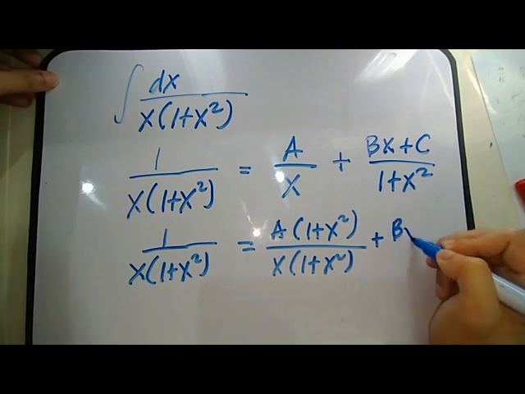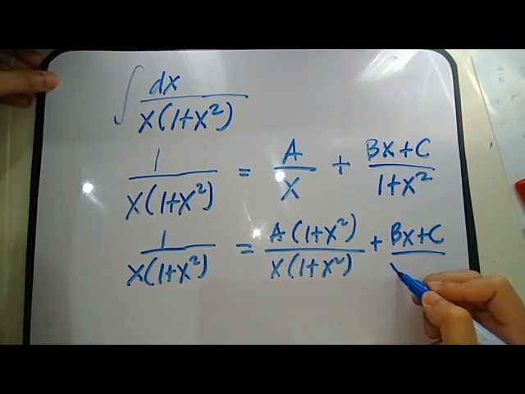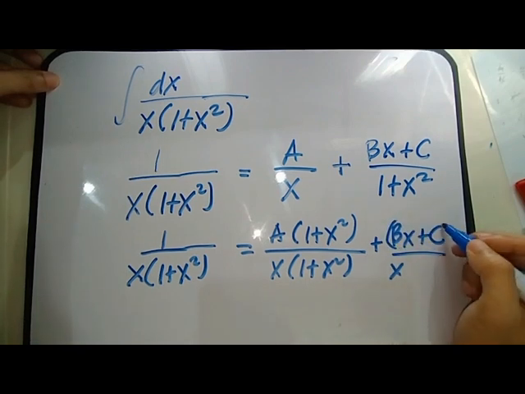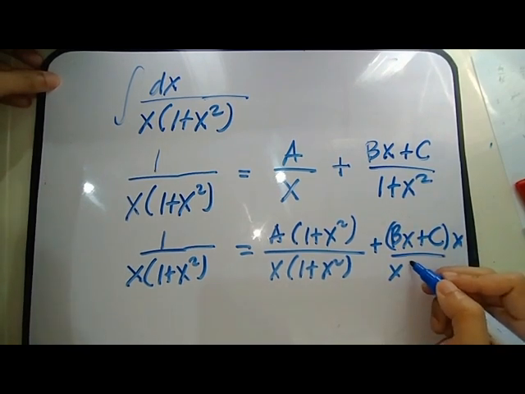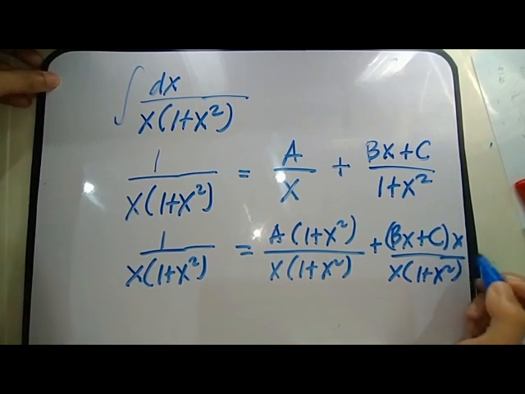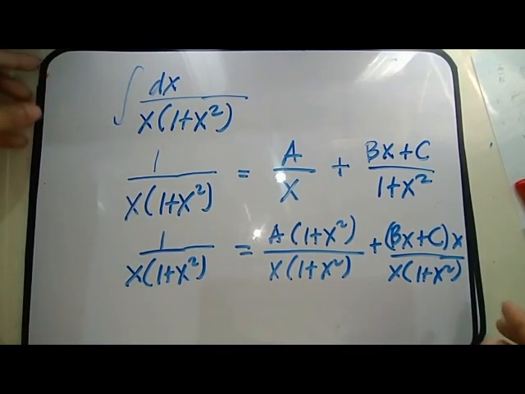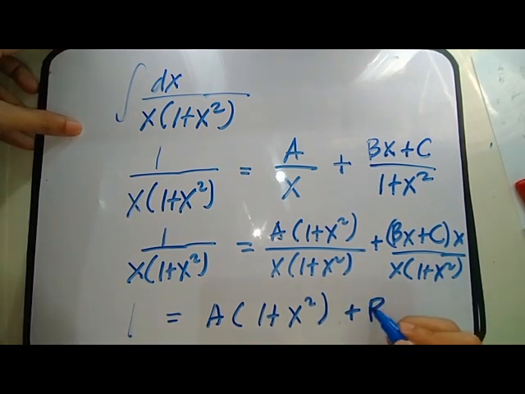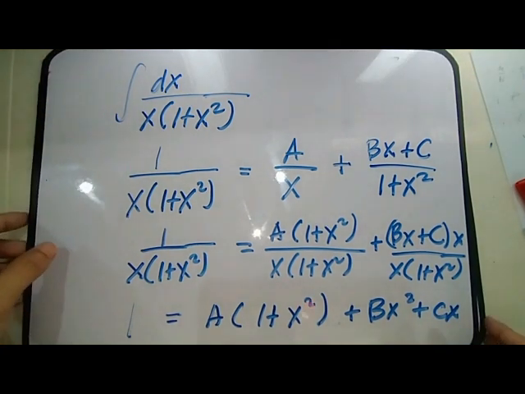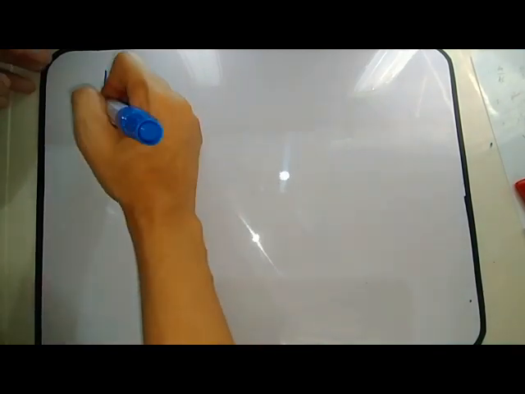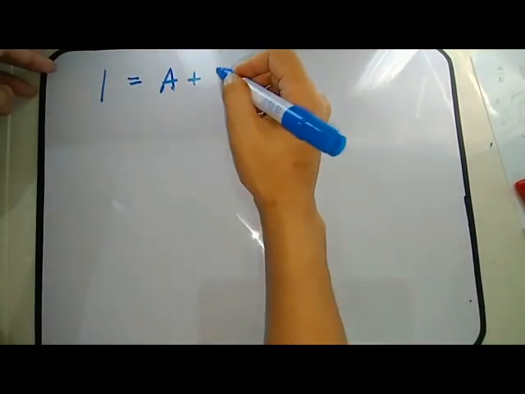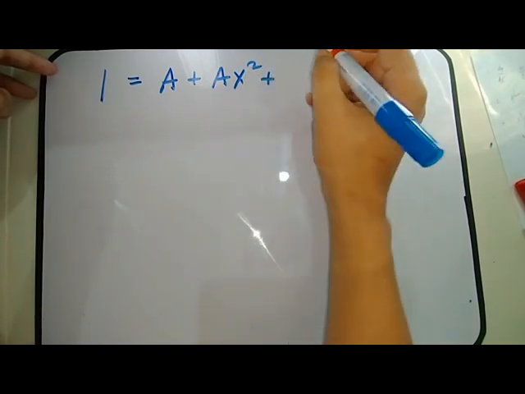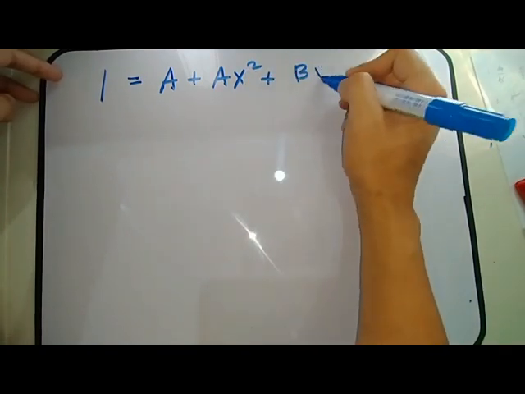Plus (Bx plus C) all over x times (1 plus x squared), multiply tayo sa taas ng x, kompleto na siya. Pwedeng makancel yung baba, then simplify this: 1 equals A times (1 plus x squared) plus Bx squared plus Cx. Then multiply natin lahat, we have 1 equals A plus Ax squared plus Bx squared plus Cx.